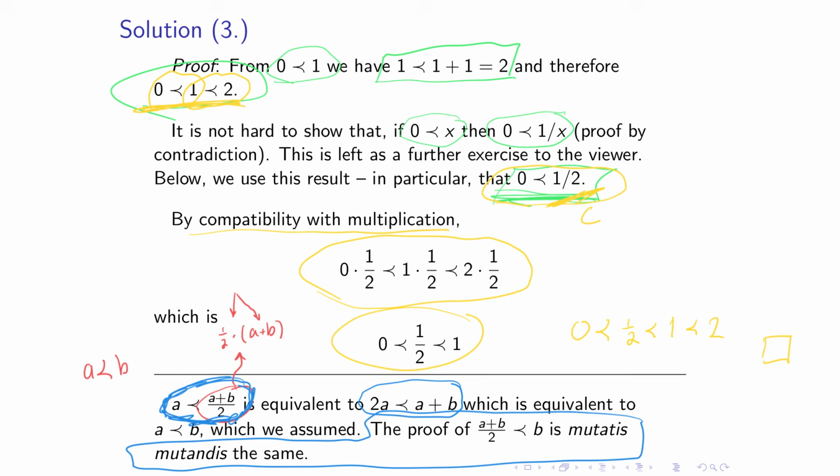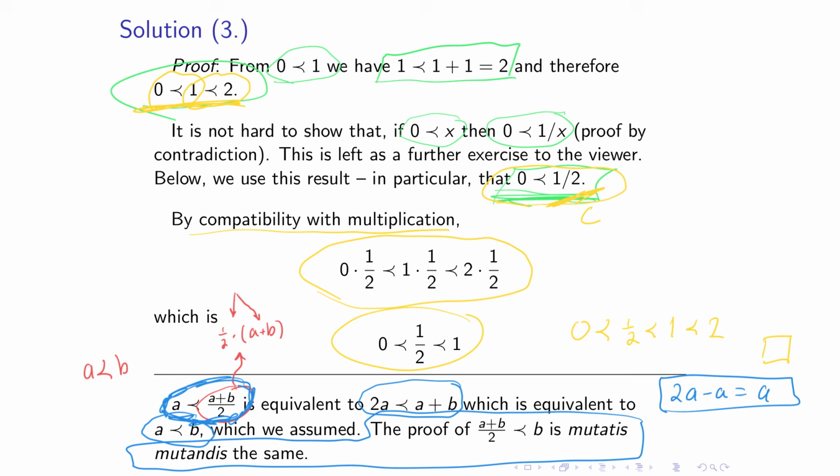Then from here, we can subtract A from each side, which is always a valid move by compatibility with addition. Simplifying that, you get this, and I'm going to leave it to you also to show that 2A minus A is equal to A. Showing this should be quite easy. Think about distribution and factoring, but I'll leave it at that.